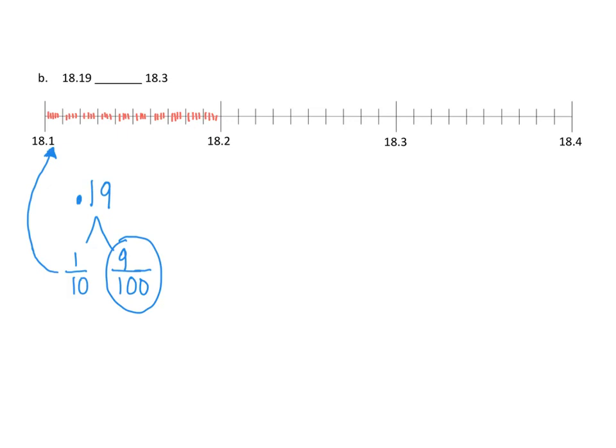So we know that 9/100ths is going to go right about right there. So there is 18 and 19/100ths. That's where that one would go. And we see on the other side 18 and 3/10. Well, guys, that is right here. So we automatically can see that 18 and 3/10 is bigger than 18 and 19/100ths. So let's put our sign.